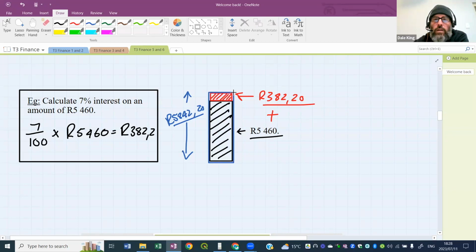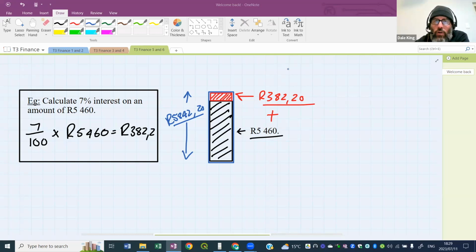It's a new bar now. And if this interest rate was applied over 1 year, you could say that my value of 5,460 has grown to a new 5,842 over 1 year.